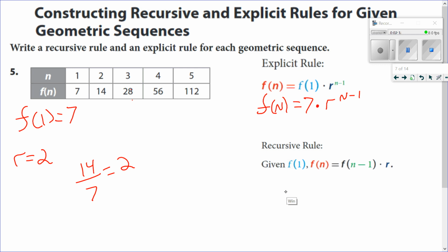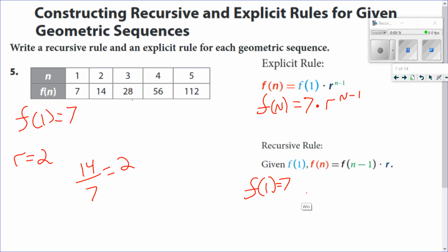Okay, now for the recursive rule. Remember, you need to know the first term, because you need the previous term in order to apply the rule. So with f of 1, I have to say what f of 1 is, which is 7. So f of 1 is equal to 7. And then the rest of it I'm just going to write in.